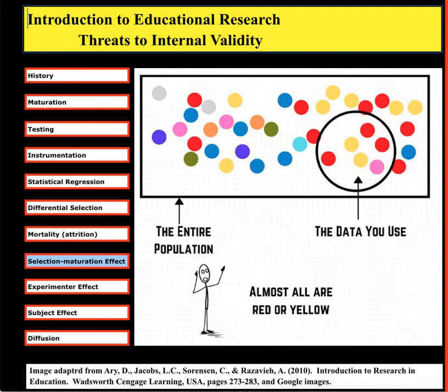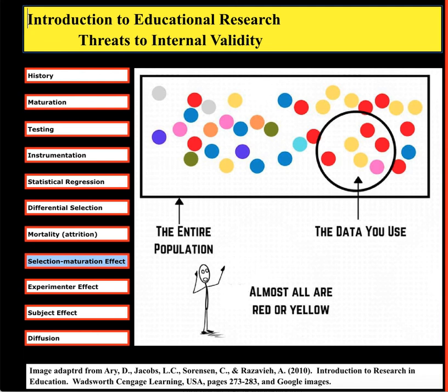So if you draw a group of subjects from one school to serve as a treatment group, and a second group from a different school to serve as a control group, we may find, beyond the simple problem of selection differences between groups, are the two groups equivalent, we may find a mixing of selection and maturation factors to compound the extraneous influences on our measurements.